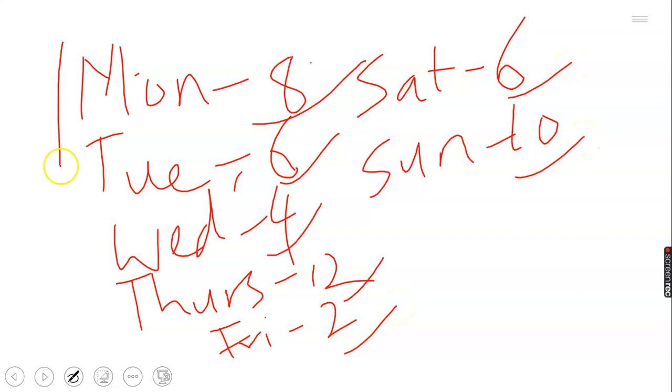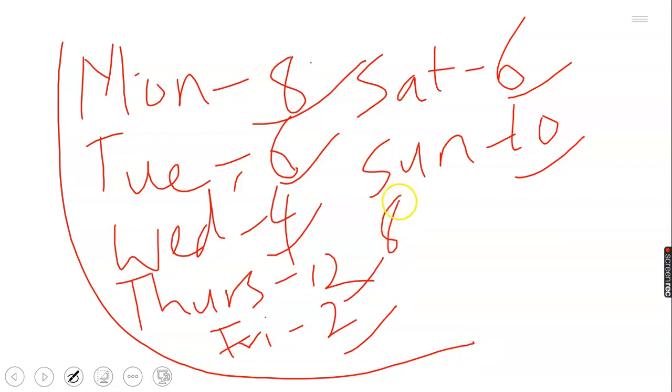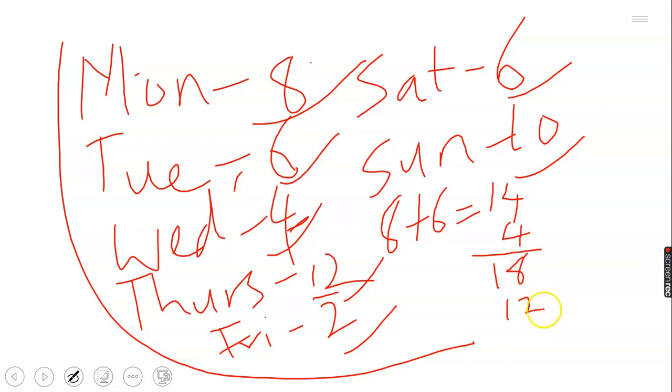From this picture we have here, we can actually calculate the number of chocolates she took for a week. So 8 plus 6 will give us what? 14. Then you come to Wednesday, you add it to it. 14 plus 4 will give us 18. Then Thursday, she took how many? 12. So 12 plus 18 will give us 30. Then we come to Friday.